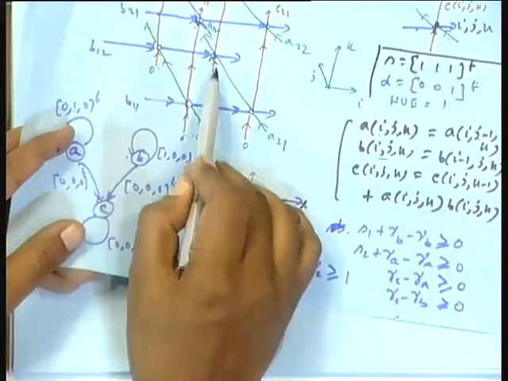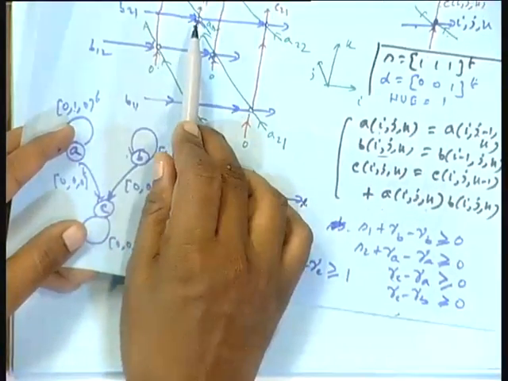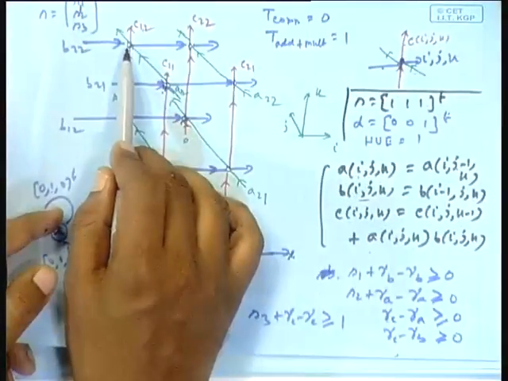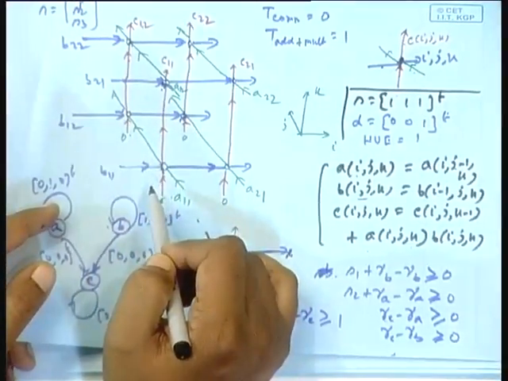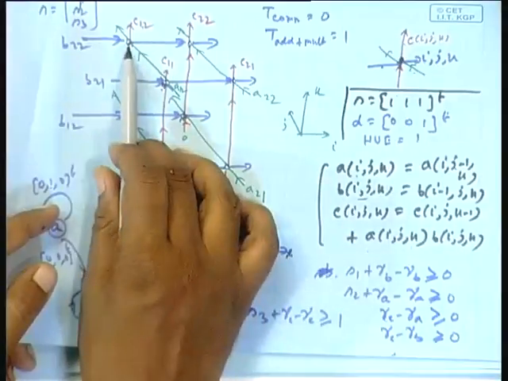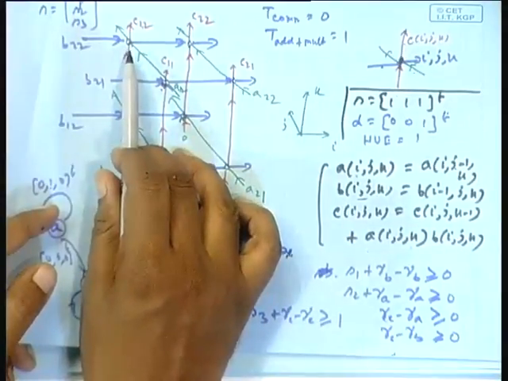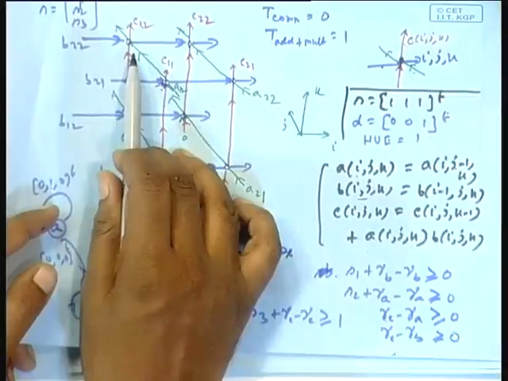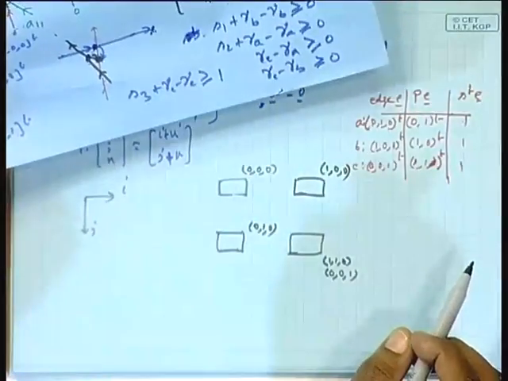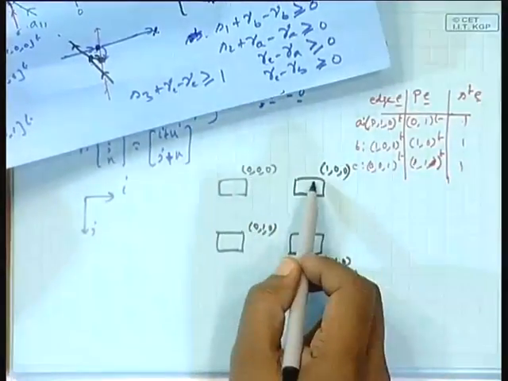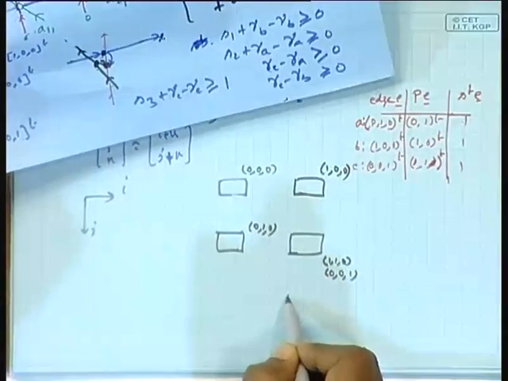So I am finished with this plane and am left with this guy. What is the coordinate? 0, what is this? 0, 1, 1. So 1, 2. 1, 2 here. And this is what?